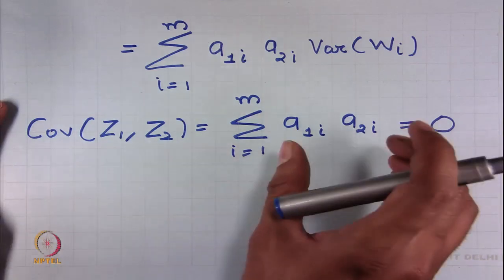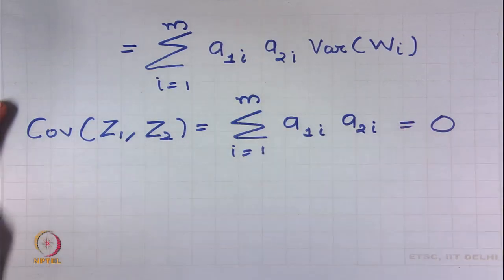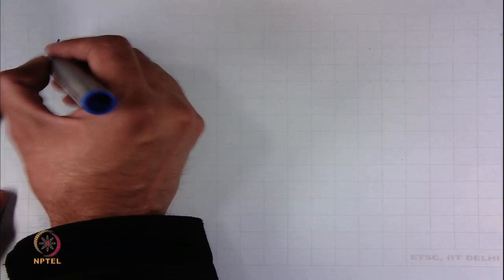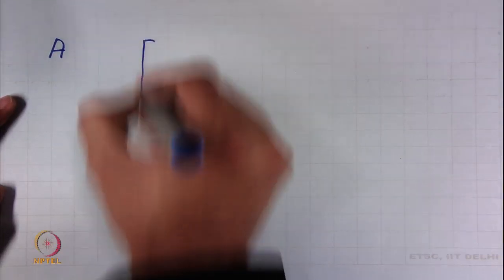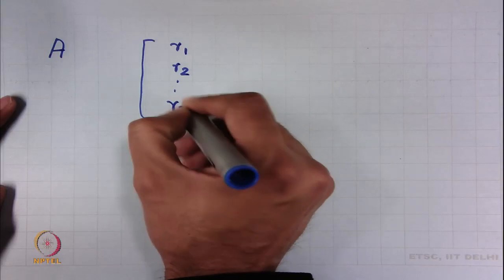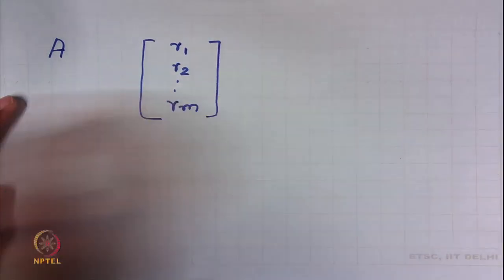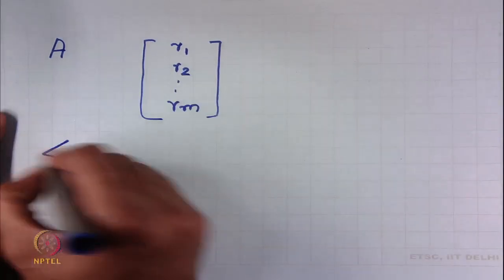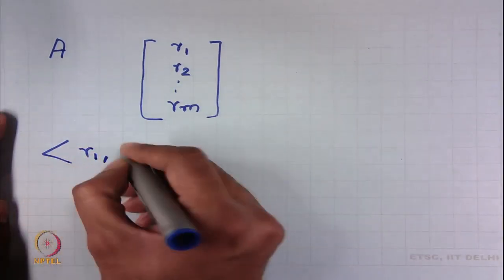So, let us see under which condition this will be 0, and for that let us assume that I have a matrix A, and this matrix A consists of m rows, and let us say that I am interested in the inner product of row 1 with row 2.